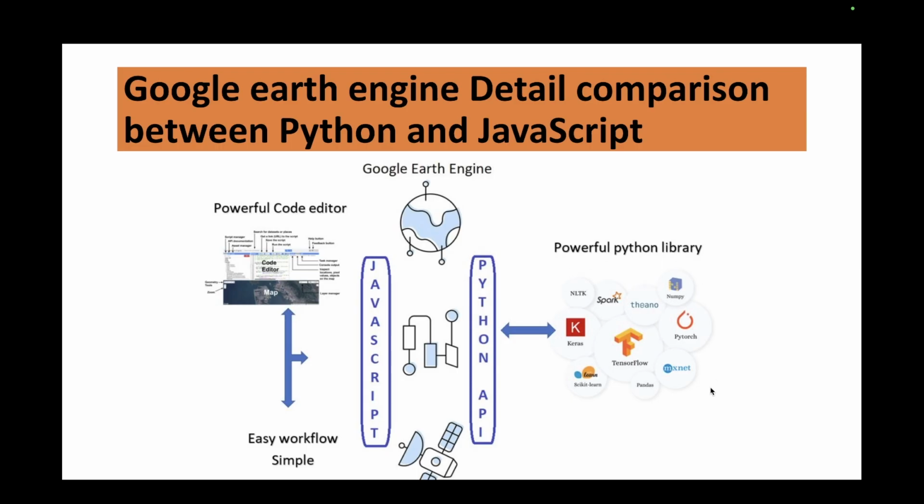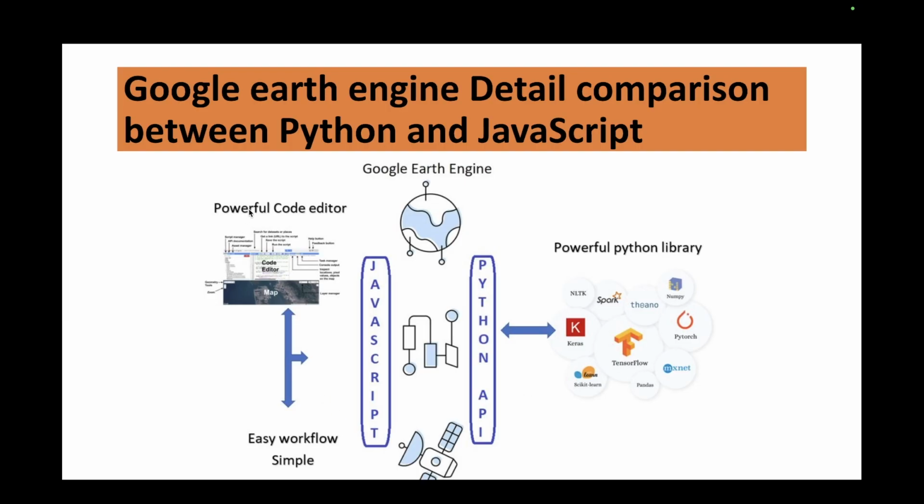We can easily integrate these with Python and do a lot of analysis. Suppose I want to apply deep learning. In the JavaScript API code editor, you cannot use deep learning freely. But when you apply Python libraries for deep learning, we can connect Google Earth Engine and Python and apply deep learning freely.